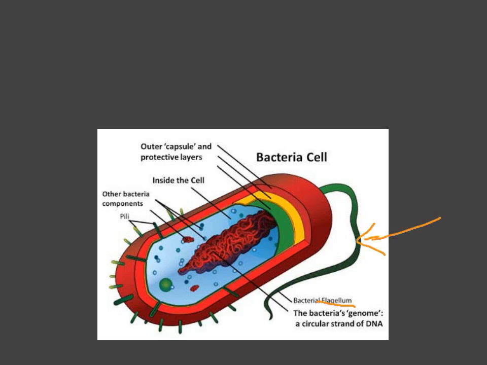Also, they are going to have thick layers of membrane, or layers of walls, as a protection of the cell. Generally, the most external part of the bacteria can be known as a capsule, but remember, it is also similar to a cell wall, like the ones that plant cells have.